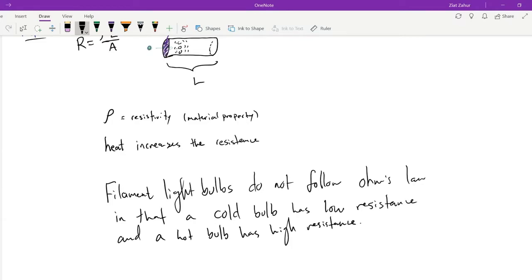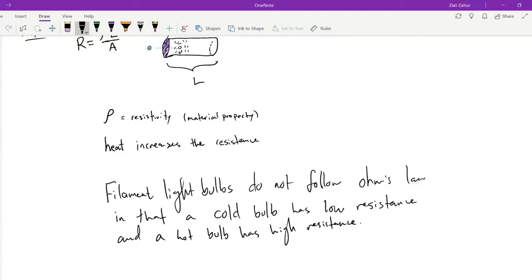So what happens with filaments is that when your light bulb is off and no current is flowing through, the metal that is inside the light bulb is cold, and when it's cold, the resistance is very low.